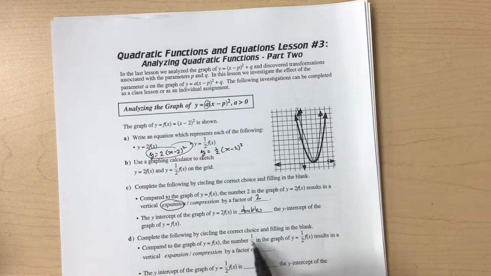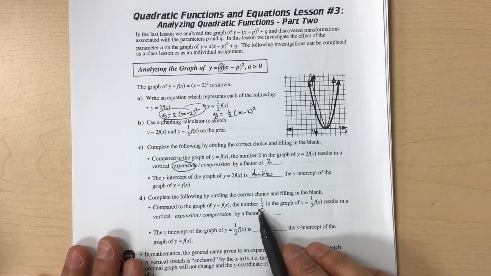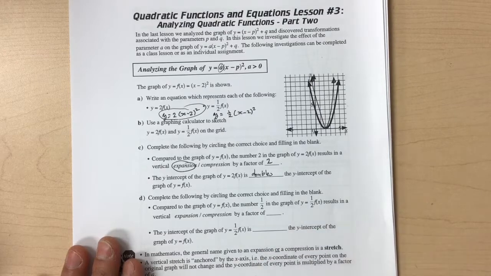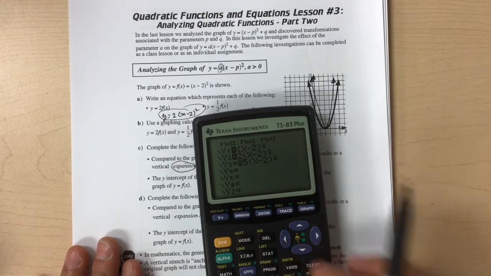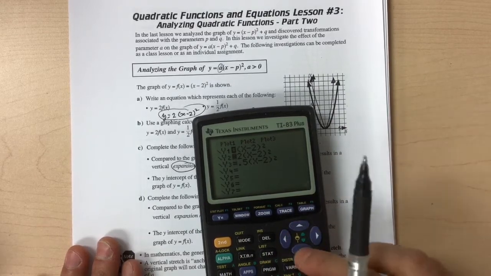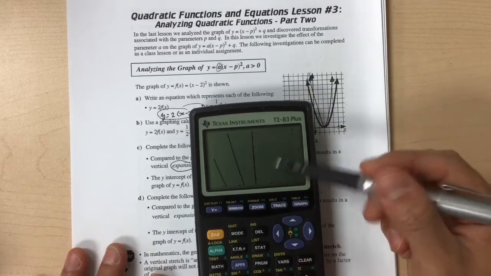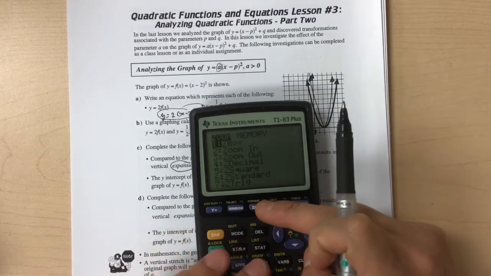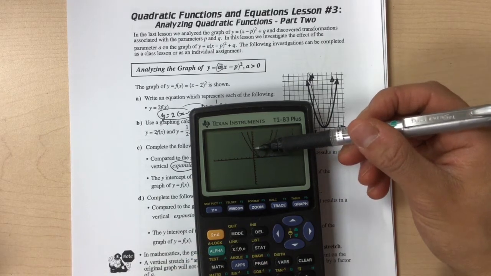So complete the following by circling the correct choice and filling the blank: compared to the graph of y equals f of x, the number 1/2 in the graph. If we examine our other graph, I'm going to turn off this one, turn on this one, and zoom out here. If we look at our new graph, we've gone half.